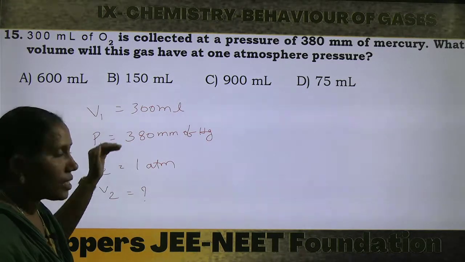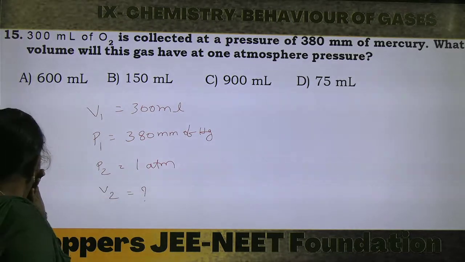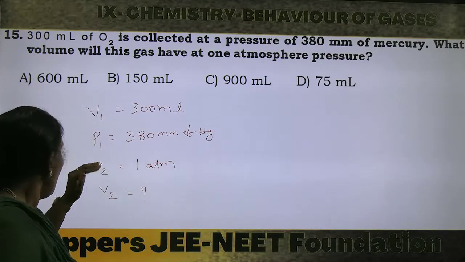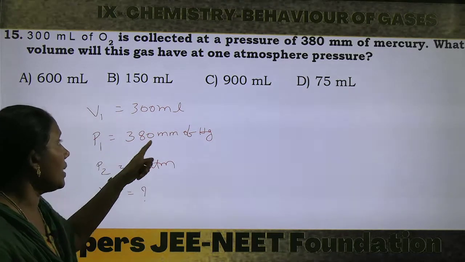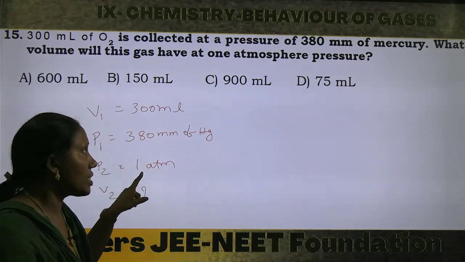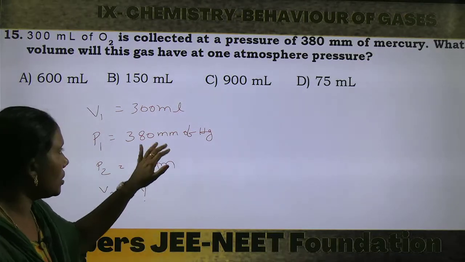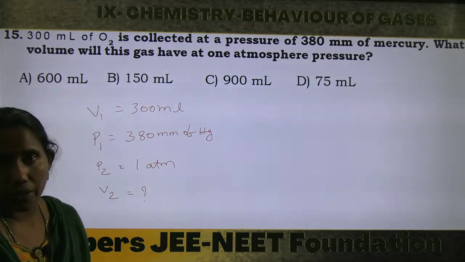If SI system, all the values should be in SI. Here pressure is 380 mm of Hg, and P2 is given in atmosphere. So we have to convert this mm of Hg into atmospheres.